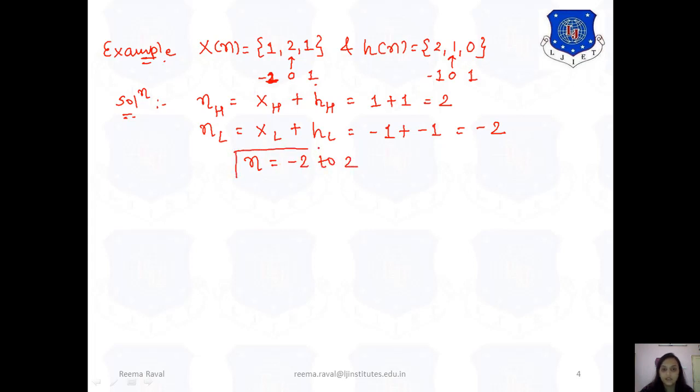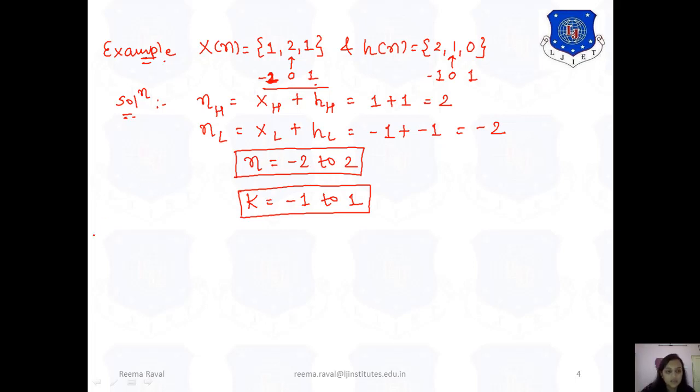That means we have to find the output for n equals minus 2, minus 1, 0, 1 and 2. Now we need to define the range of k. The k range depends on the range of x of n, so it will be the same as that of x of n, which is minus 1 to 1. So k's range will be minus 1 to 1.